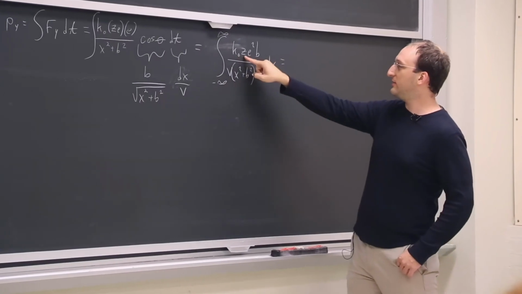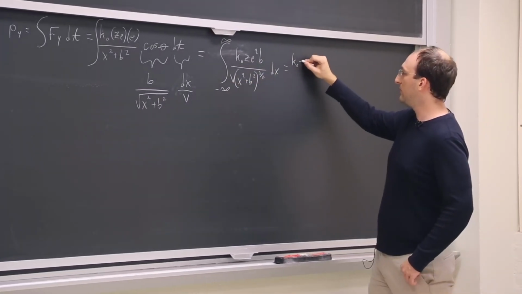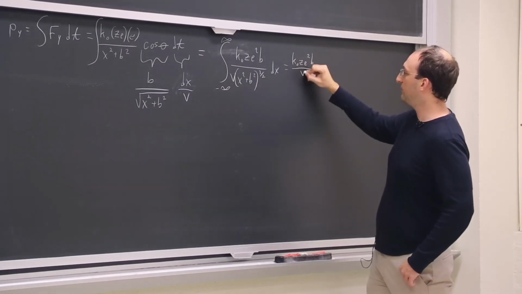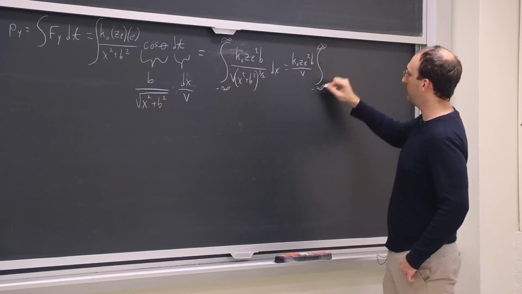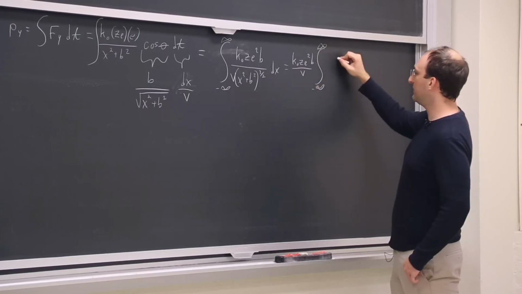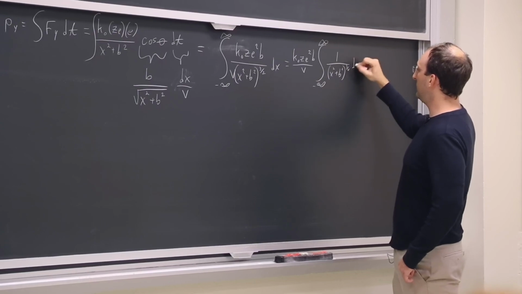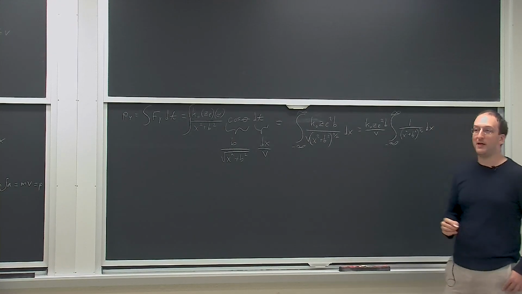So we have k naught z e squared b over velocity times the integral of just 1 over x squared plus b squared to the 3/2 dx. Not remembering the formula off the top of my head, yeah?